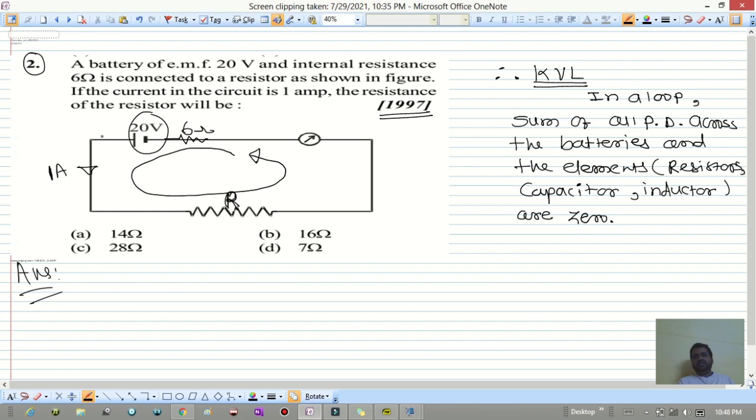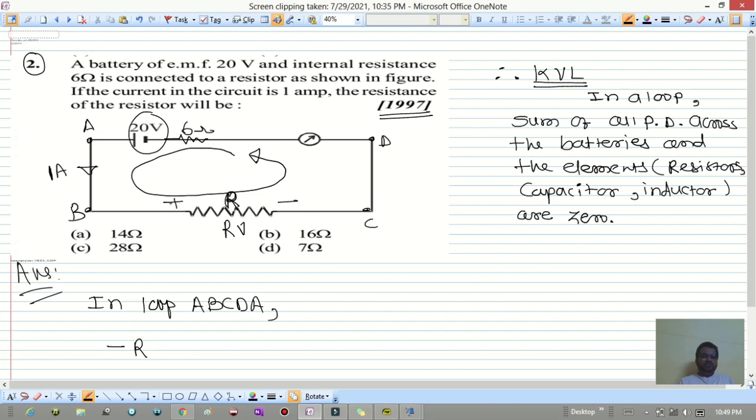So here if you consider the loop A, B, C, D and A again, we can apply it. A to B, nothing is there. B to C, we have this positive, this negative. Current 1 into R, so minus R volt.